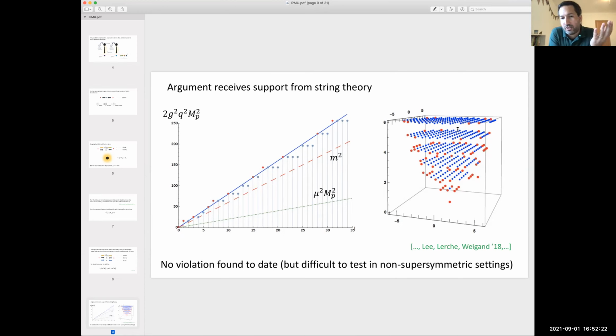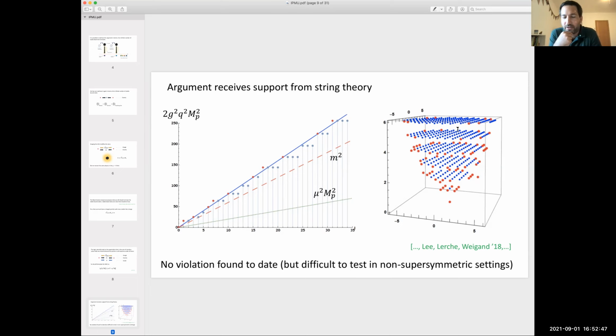So for charge 2, there's no self-repulsive state, but for charge 1 there is, and for charge 3 there is again a self-repulsive state, and so on. So we see an infinite number of them, and they start at some charge of order 1. And you can do this in many, many different settings, and you always find this pattern. So much so that there's actually no violation found to date of the weak gravity conjecture or this repulsive statement.